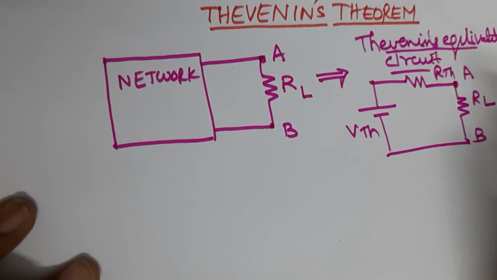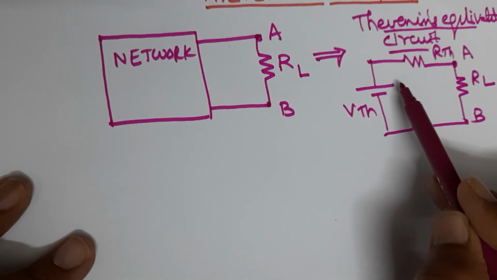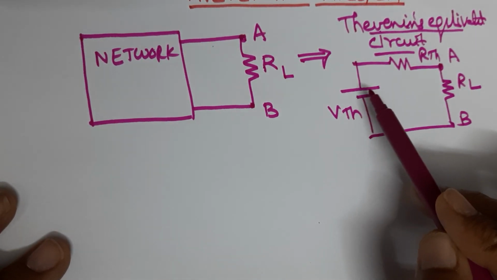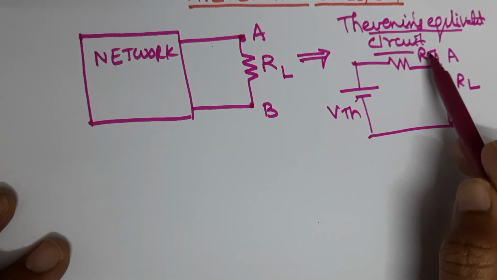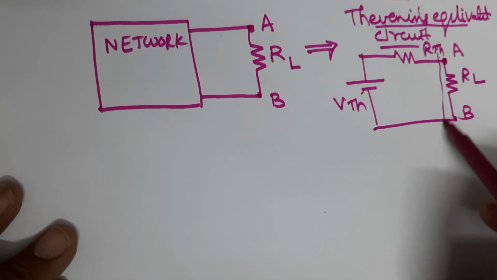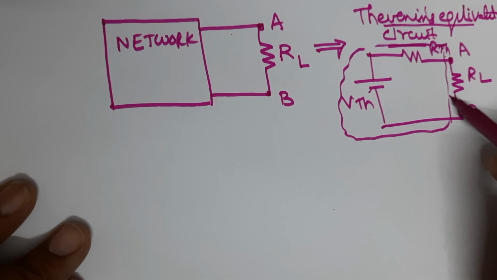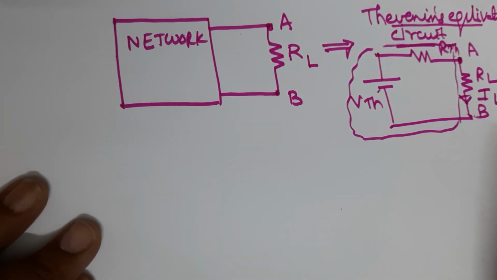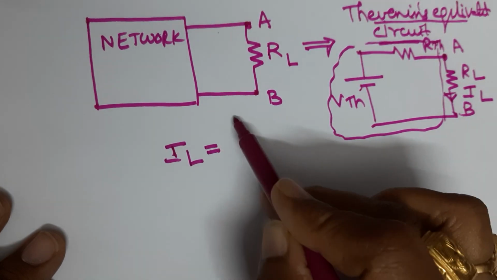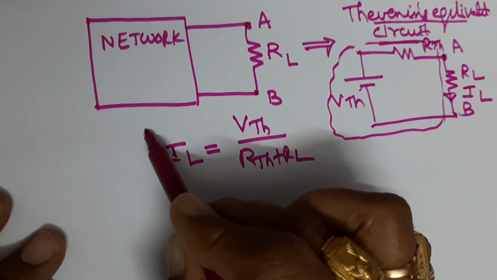Once we replace the network with Thevenin's equivalent circuit, it becomes a simplified circuit, and now we can easily find the current flowing through the load resistance by using the formula IL equal to VTH divided by RTH plus RL.